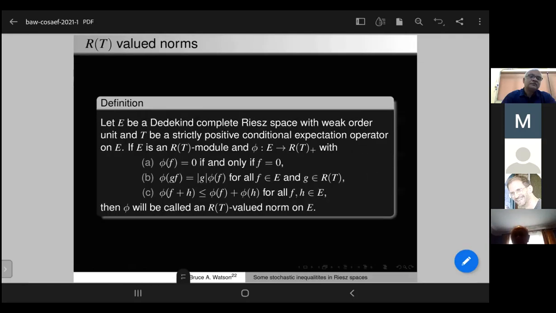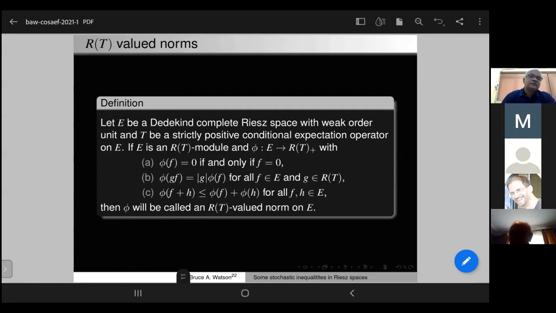Well, since these spaces are RT modules, why don't we try and imbue them with some form of a norm? So that led us to the concept of an RT-valued norm.